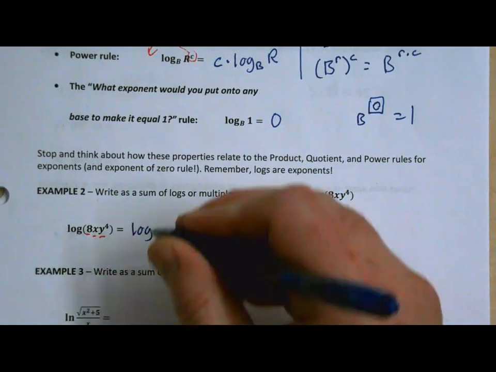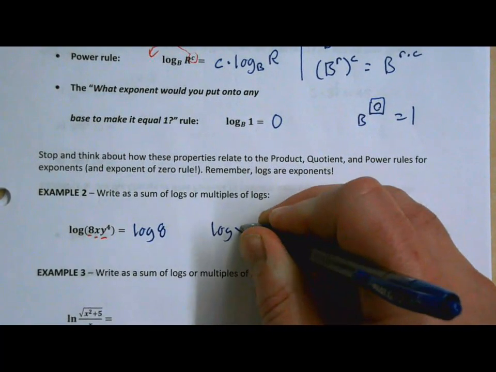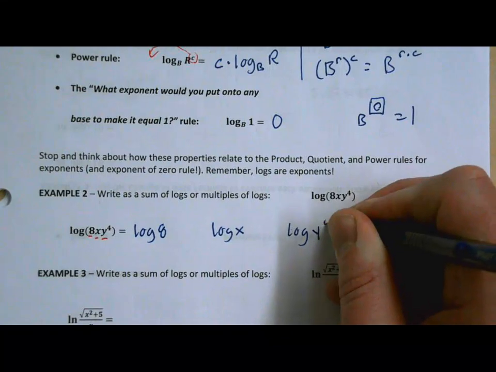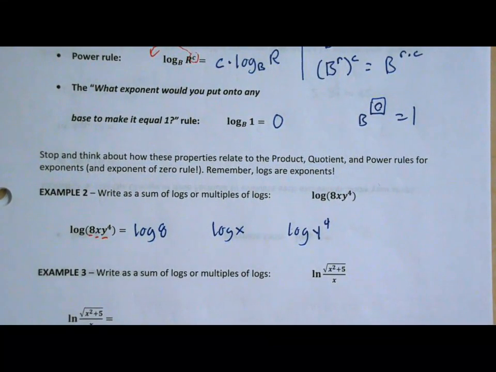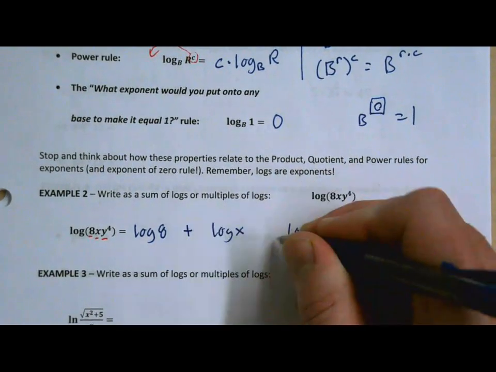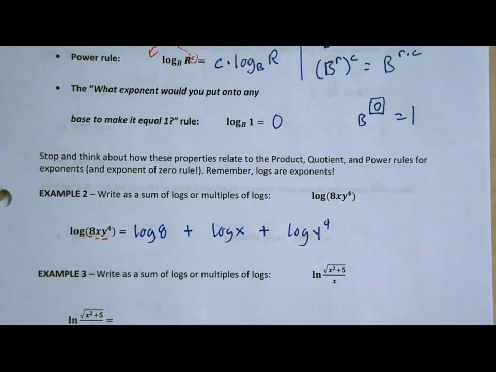We're going to have a log of 8, and a log of x, and a log of y to the 4th. And the question is, what are we doing in between them? Inside of the log, we were multiplying, which means what do we do to exponents when we're multiplying? We add the exponents. Logs are exponents, so they follow the same rule.